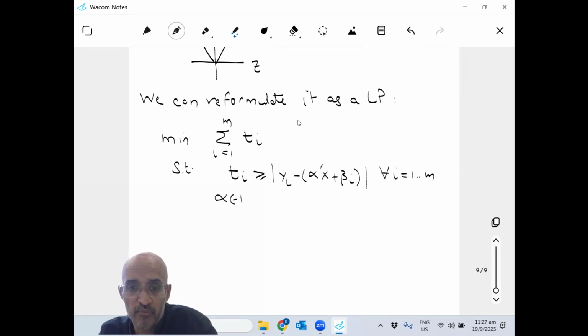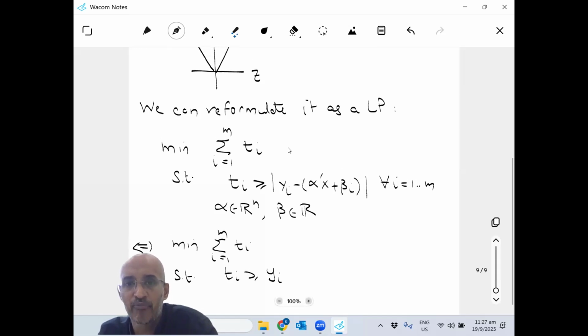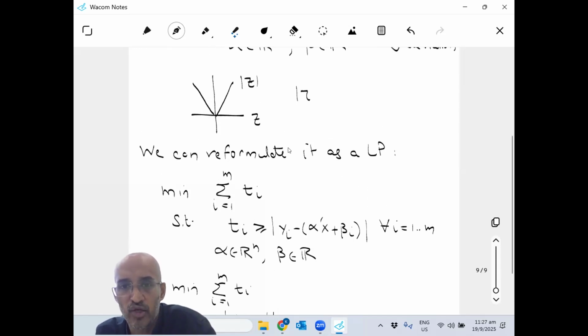Again, alpha is in Rn and beta is in R. This is not an LP at this point because this is still a nonlinear function, but I can reformulate this using the fact that the absolute value of z is the max of z and minus z.